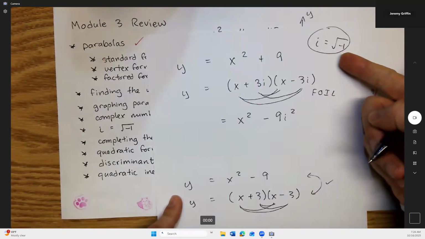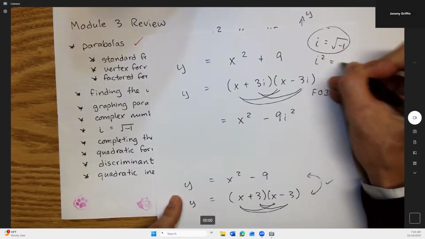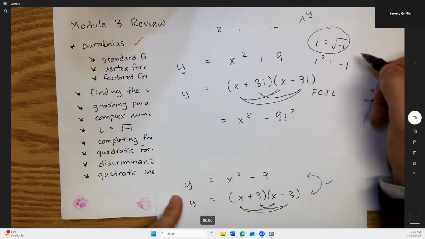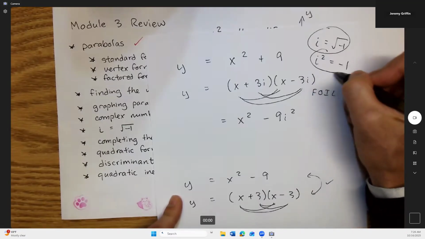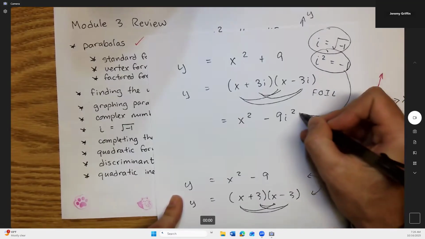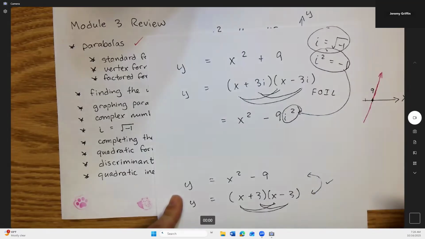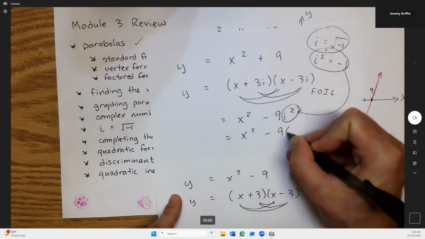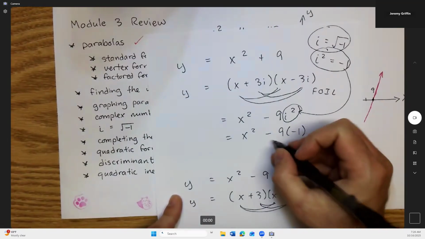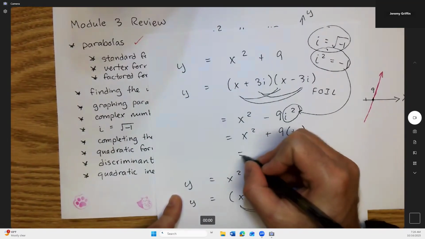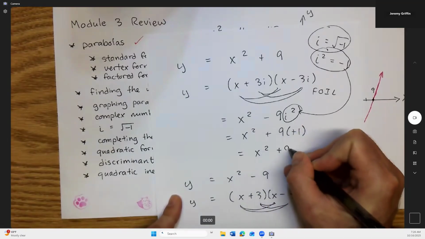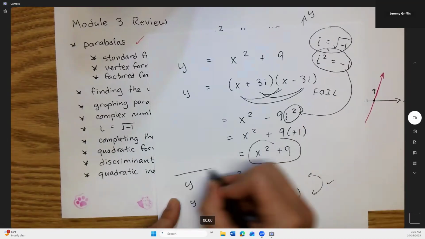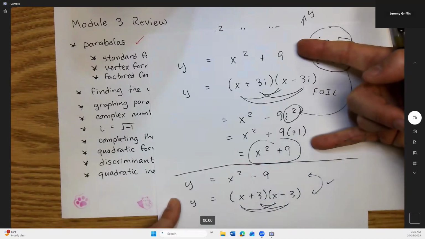But guys, if i is the root of -1, isn't i squared equal to -1? Because I just squared both sides. So this is really x squared minus 9 times -1. The negatives cancel. It gives me x squared plus 9, which is exactly what I started with. So it's the same thing.